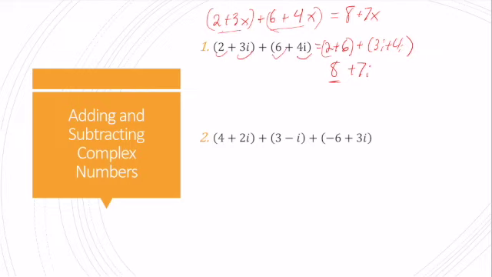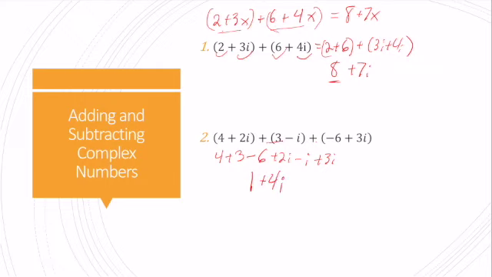So here I have 4 plus 3 plus a negative 6, so minus 6, plus 2i minus i plus 3i. We're adding all of these. So 4 plus 3 gives me 7. 7 minus 6 is 1. 2i minus i is 1i, plus 3i is 4i.